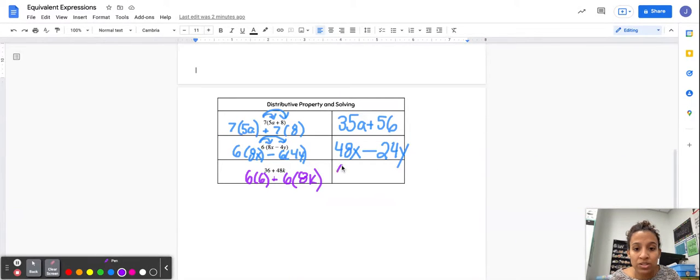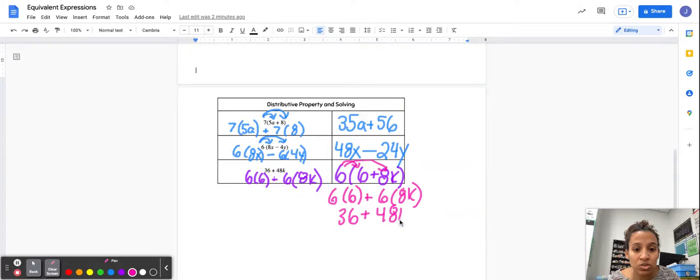My common factor goes on the outside of my parentheses, and my two other numbers, 6 and 8k, go inside the parentheses. You could always redistribute this out and see if you get back to what we started with. So 6 times 6 and 6 times 8k is 36 plus 48k. So you could always use this to check your work.